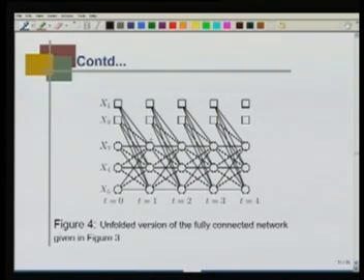Obviously, this is my x3 0, this is x3 1. x3 at time 1 is a function of x1, and this is W31, and x2, this has to be W32.